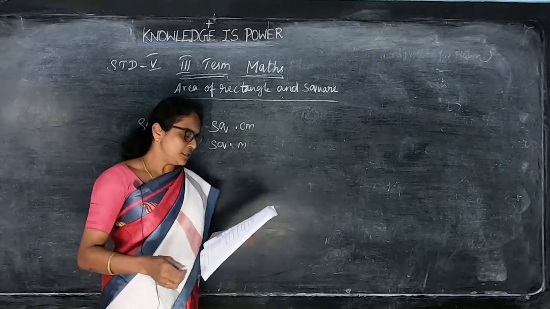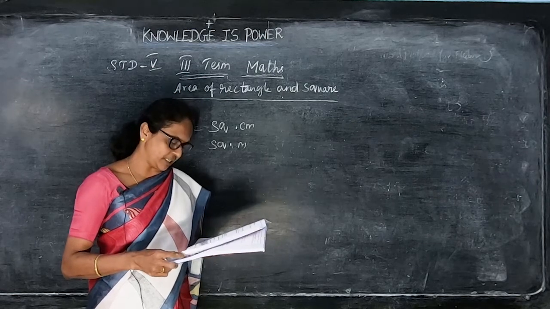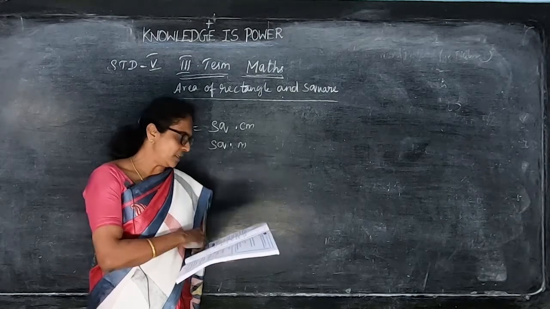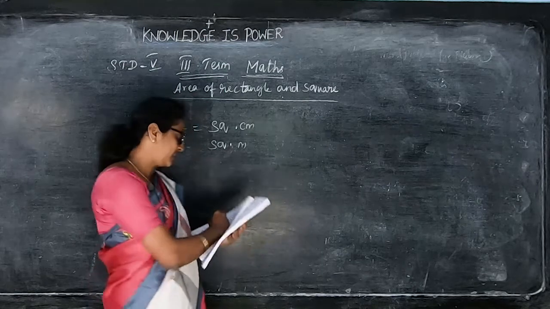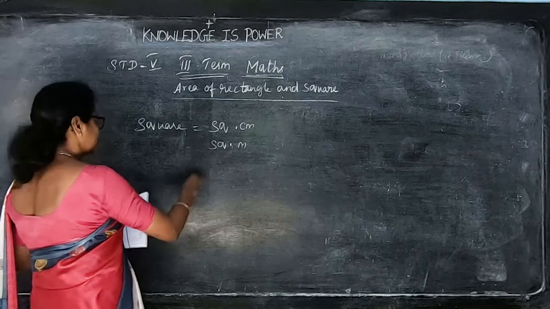Suppose they ask for the area of a rectangle. Here the formula is: area of a rectangle is length into breadth.